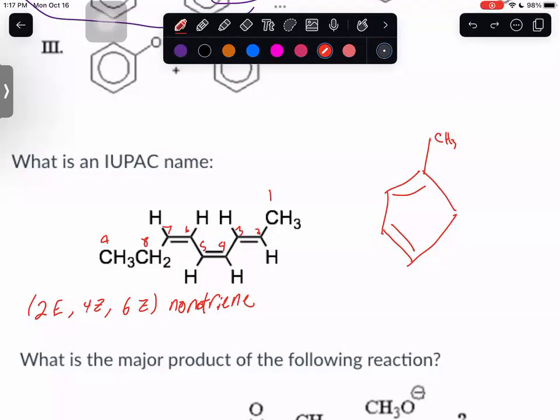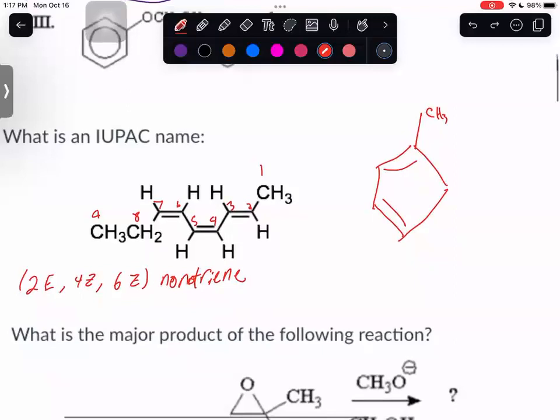Do you want to give the full IUPAC name a try? Okay, so it's... Almost perfect.